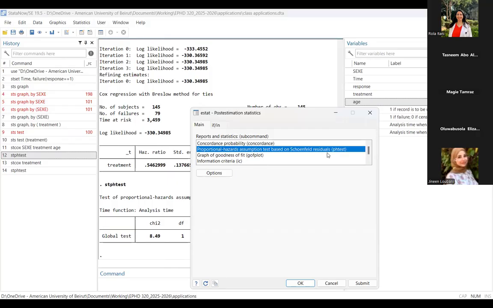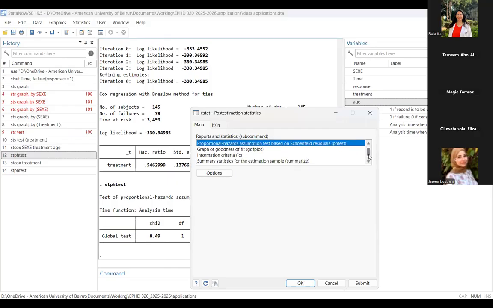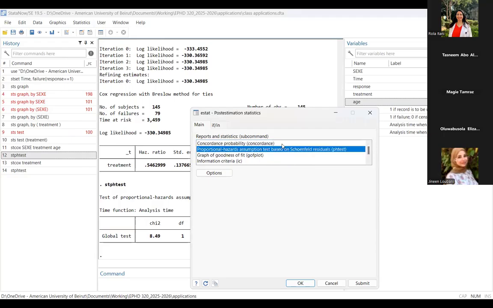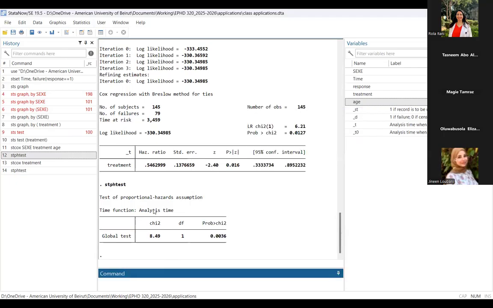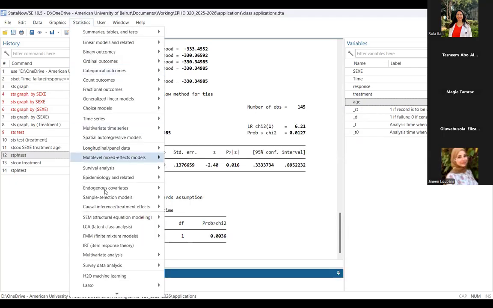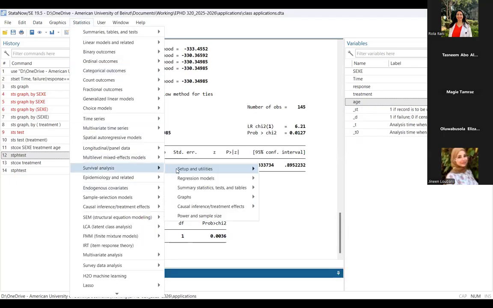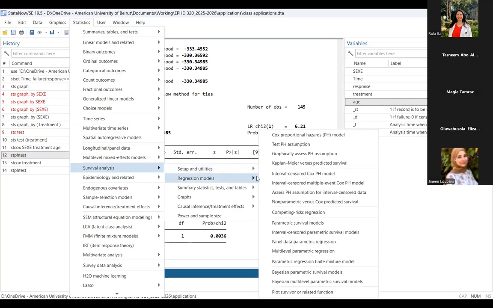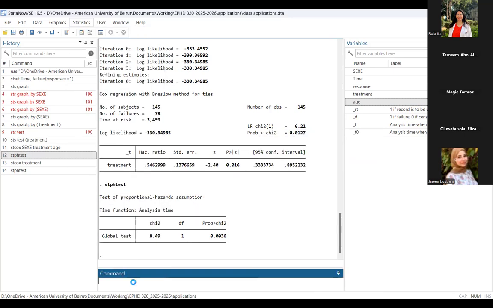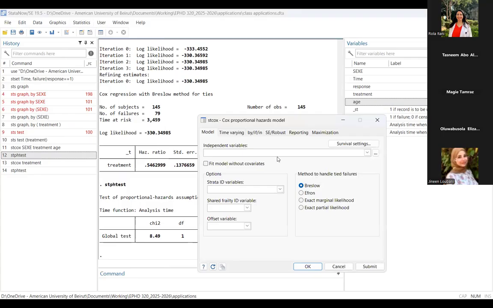This is the PH test, but we also have the graph, which is log minus log. Let's see where we can find it. I think let me check again. Regression. Okay, I think it's okay.